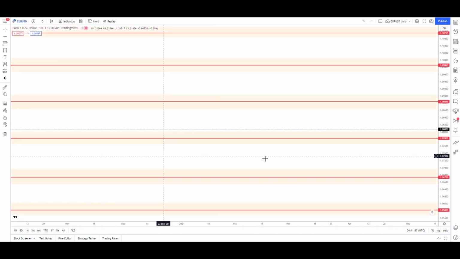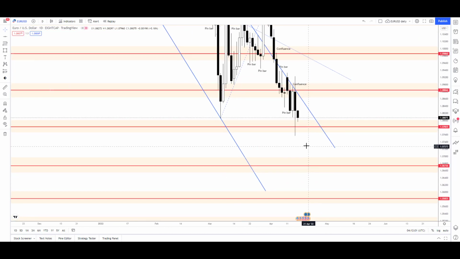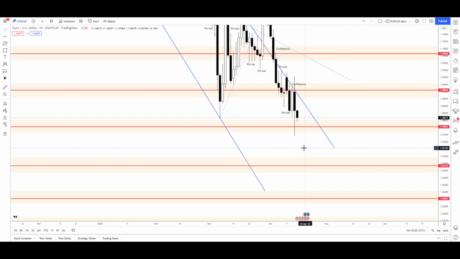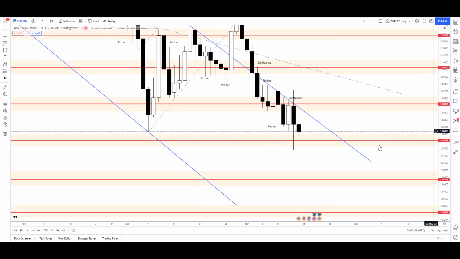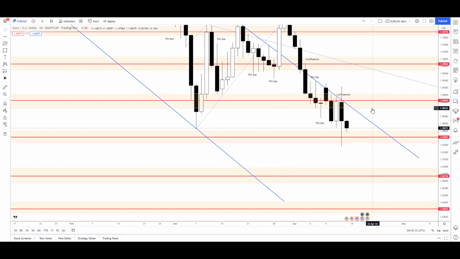It is important for the sellers. So this area is around here. So this would be a first target if you are entering into the trade around here.